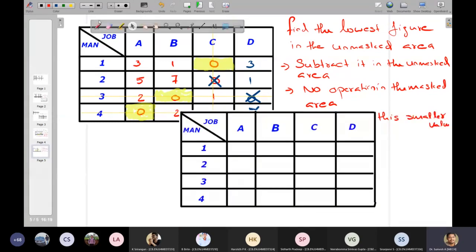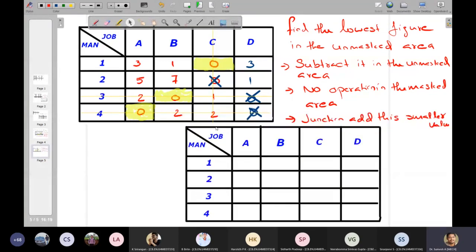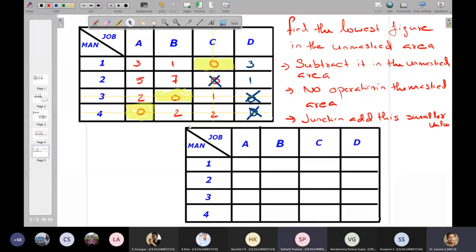What is the lowest element in the unmasked area? 1. So here 3 minus 1, the value will be 2, and b becomes 0.